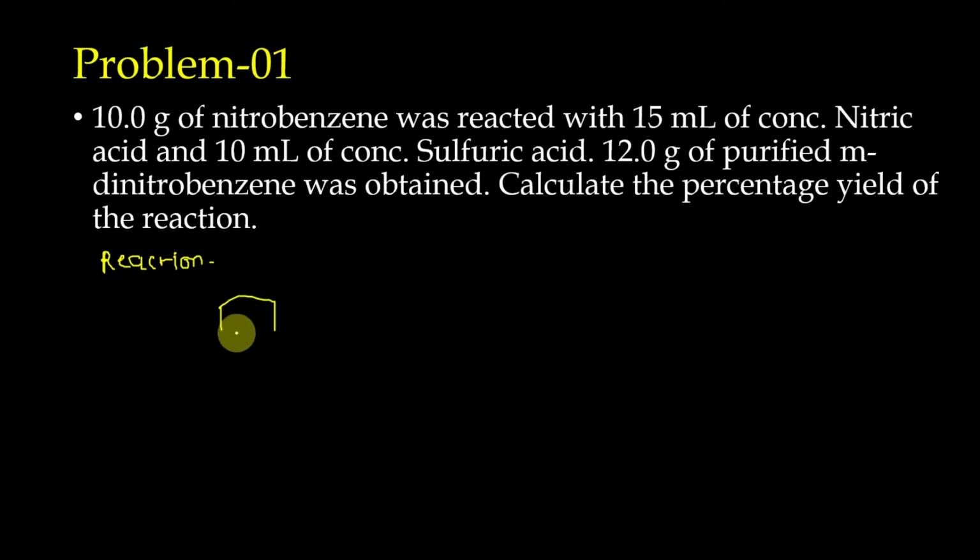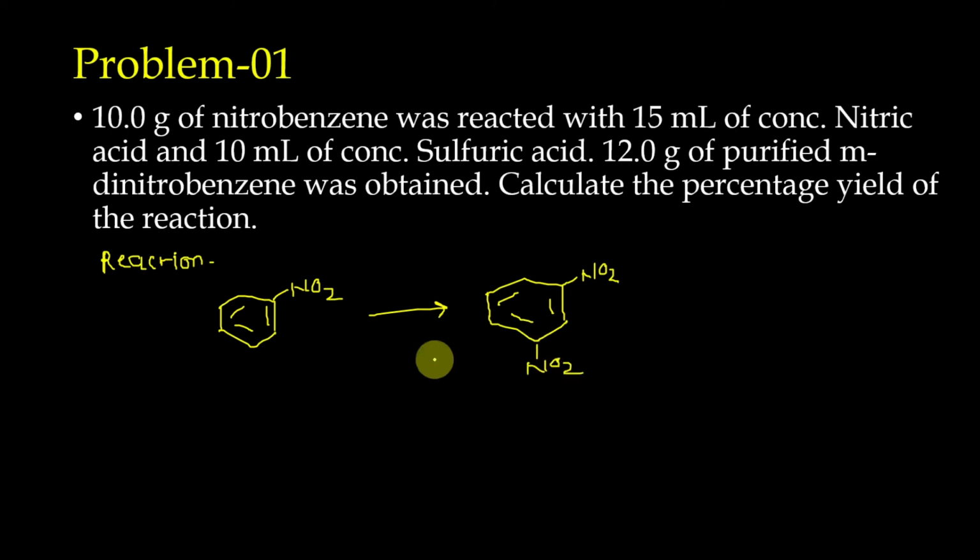This is my nitrobenzene, which is my starting material, and metadinitrobenzene will be my product. To calculate theoretical yield, we need the molecular weight of both.